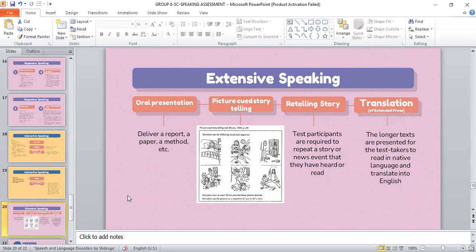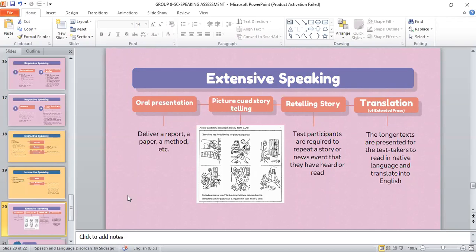And the last one is extensive speaking. Speeches, oral presentations, and story telling are examples of extensive oral production activities in which the opportunity for oral interaction from listeners is either severely limited or completely eliminated.